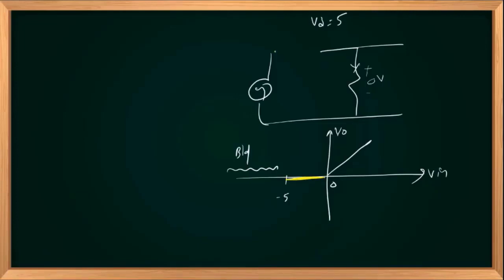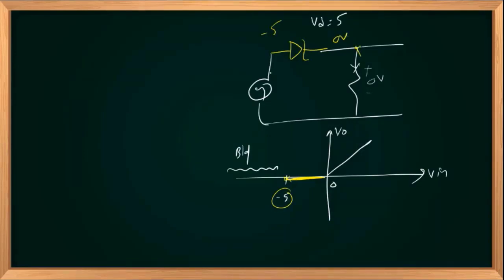And if your V in is less than minus 5, the reverse bias of the diode exceeds 5 volts. This is minus 5. Minus 5 appears here. This is 0 volts when it is in open condition. It breaks down.